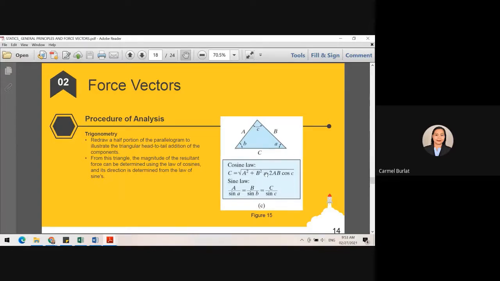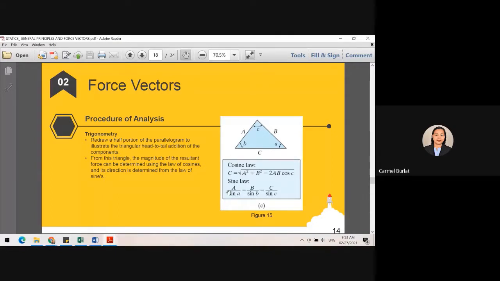So from this triangle, the magnitude of the resultant force can be determined using the law of cosines, and its direction is determined from the law of sines. So cosine law, C is equal to the square root of A squared plus B squared minus 2AB cosine of C.